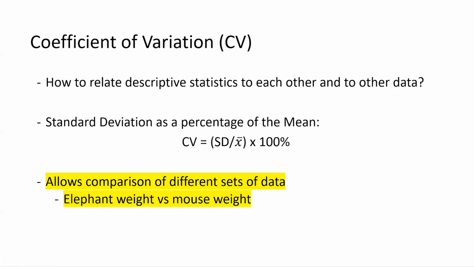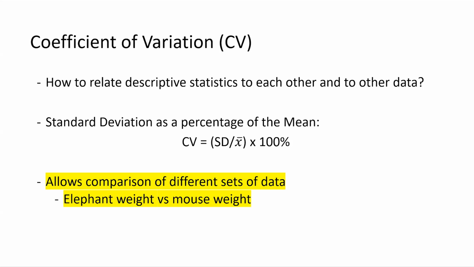If we're trying to say the standard deviation in mouse weight is 2 grams, and we're trying to compare that to the standard deviation in elephant weight, which may be hundreds of pounds, we can't really compare those, right? They're hugely different. But if we say mice only weigh, like, 10 grams, then 2 divided by 10, we get 20%.